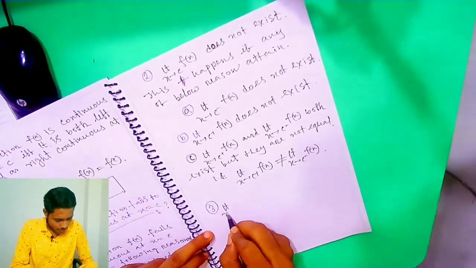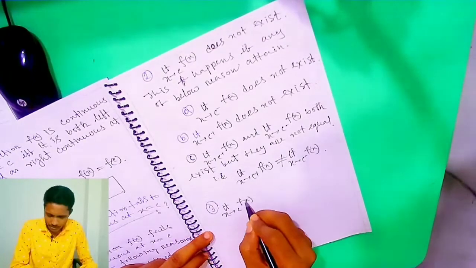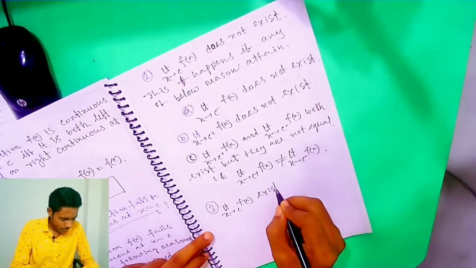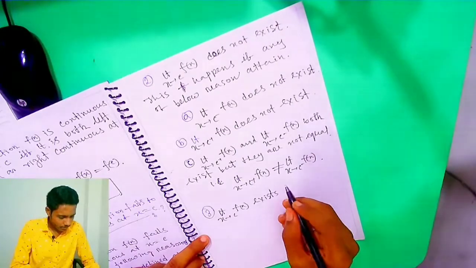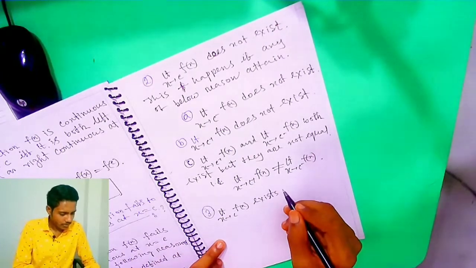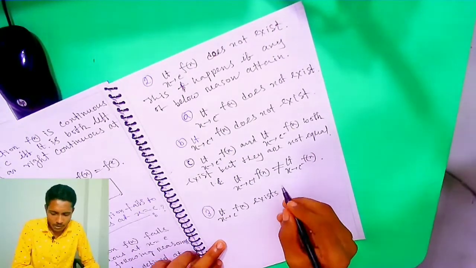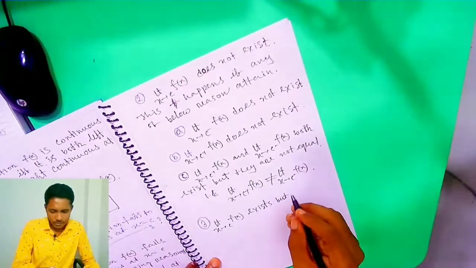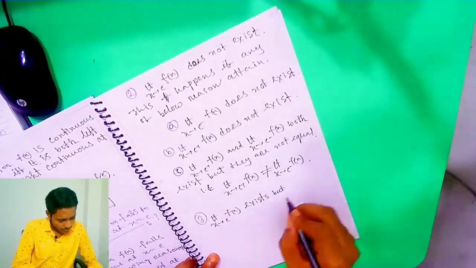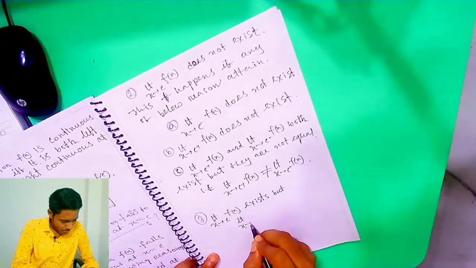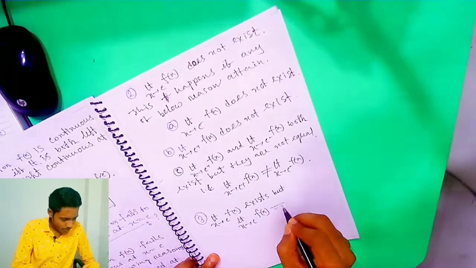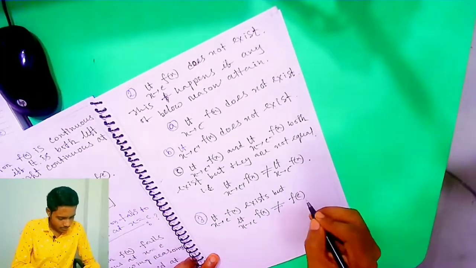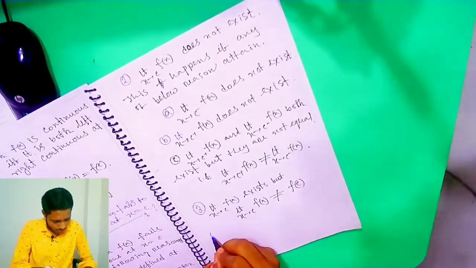Limit x tends to c of f(x) exists, but limit x tends to c of f(x) is not equal to f of c.